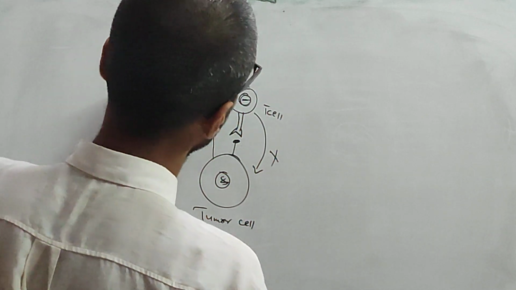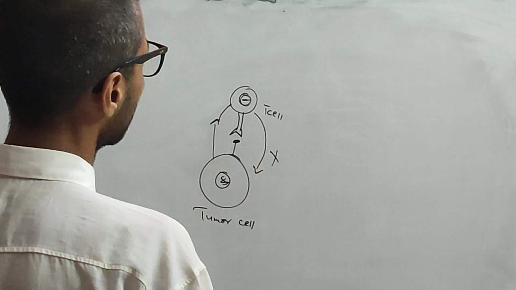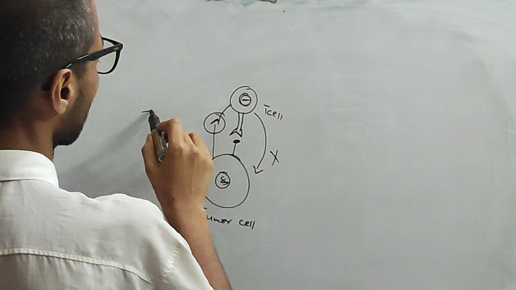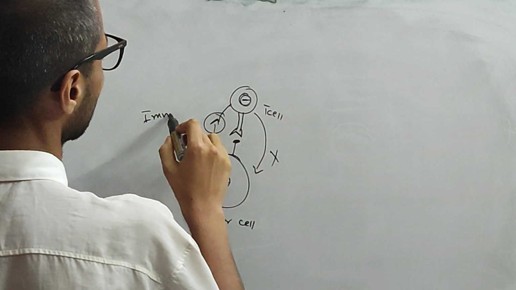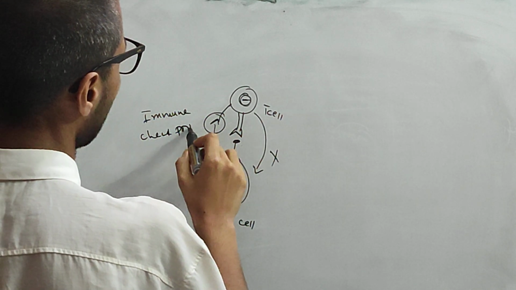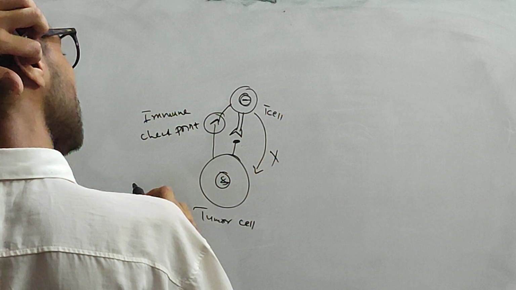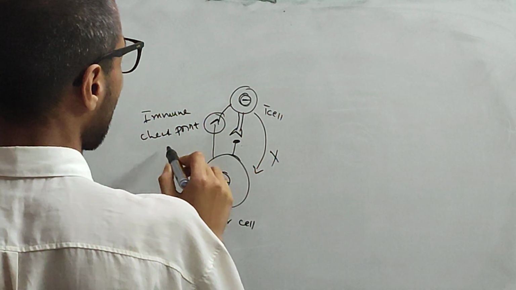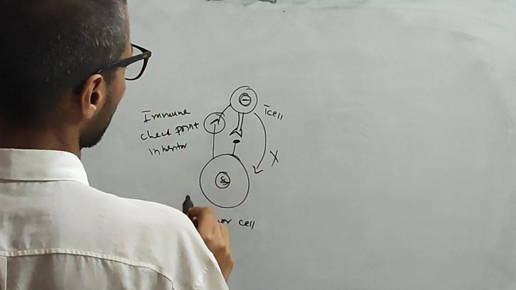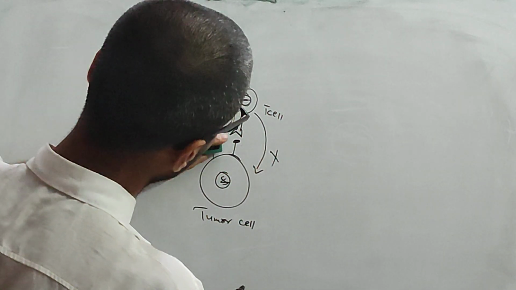So to activate the T cell, what do you have to do? You have to inhibit these immune checkpoints. There are a variety of molecules like pembrolizumab, nivolumab, ipilimumab that inhibit this interaction. So when this interaction is inhibited, what occurs?